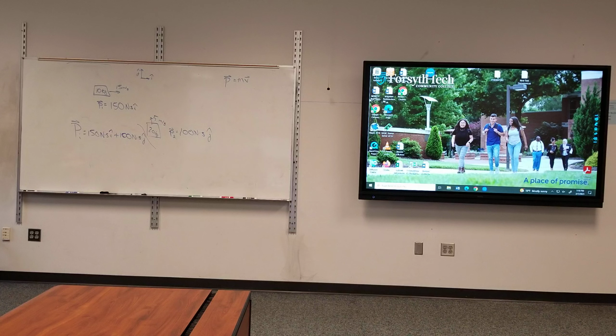Let's see. This relates to chapter 6, problem 4. I can just give you the numbers. I don't have the question, I have the answer though. All right, so I asked for the initial momentum or final momentum.